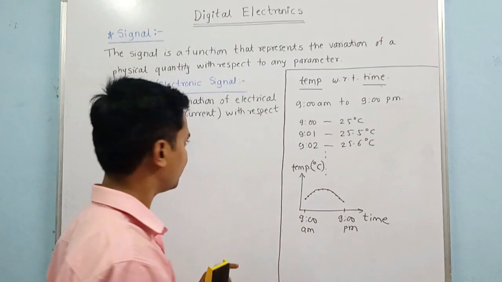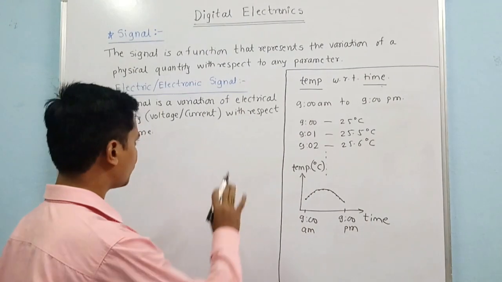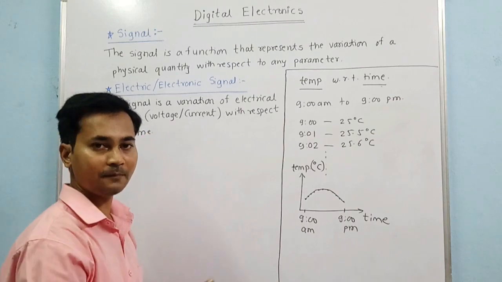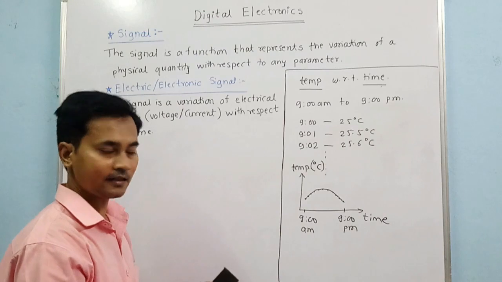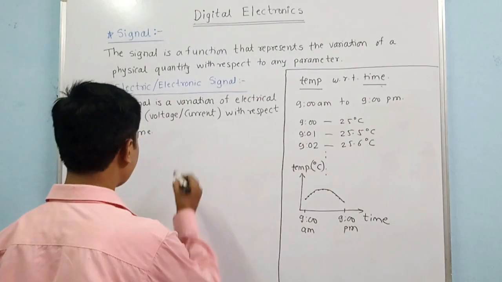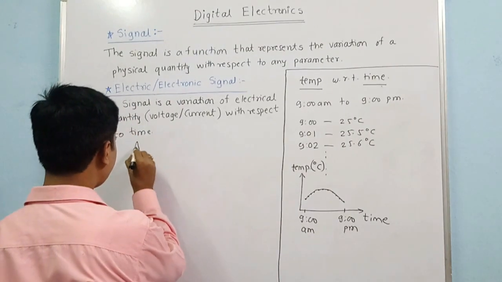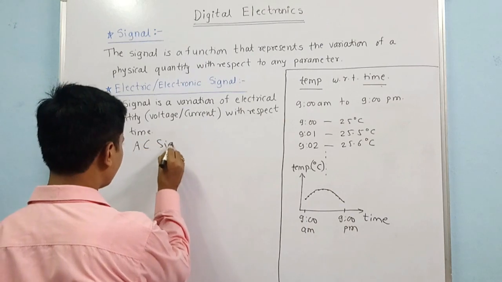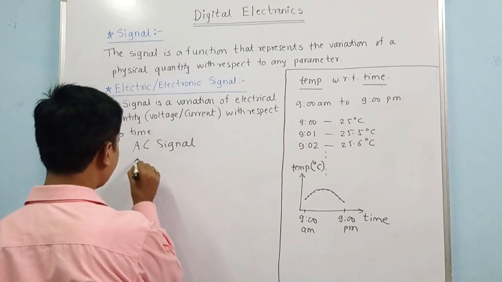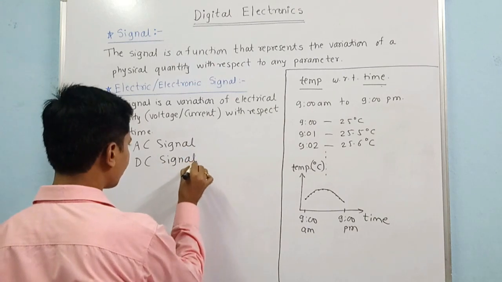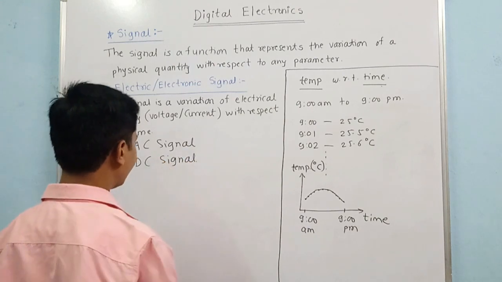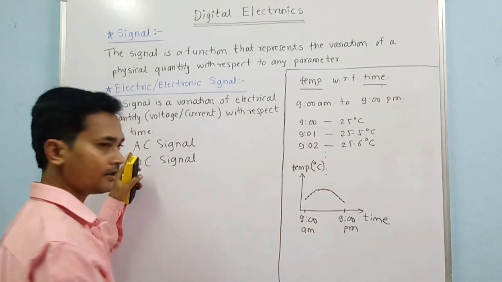There are two kinds of electrical signals available in electrical or electronic circuitry. The first signal is called AC signal, and the second is called DC signal. First thing is AC signal.